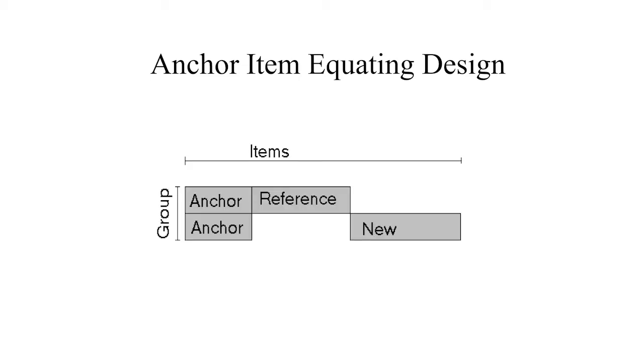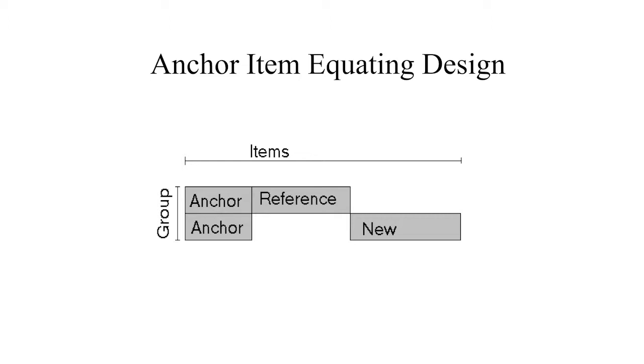We started the project by trying out several designs. The first design that we tried out was the anchor item design. What we have here is a representation of a data matrix, the same one as I started out with.